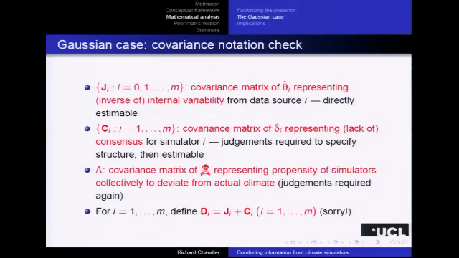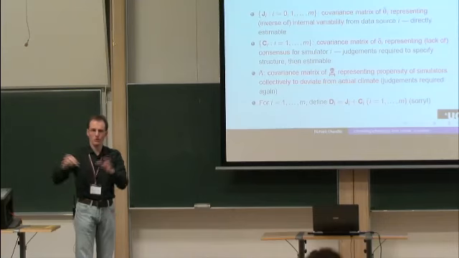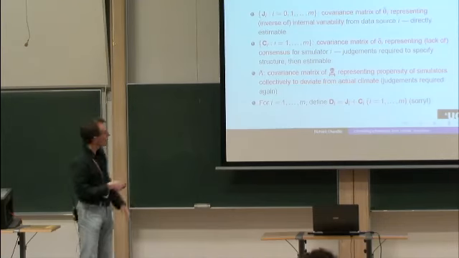So J represents internal variability. I'm trying to translate these things into climate speak. C's represent the lack of consensus of an individual simulator with the overall simulator means. C for consensus or covariance.